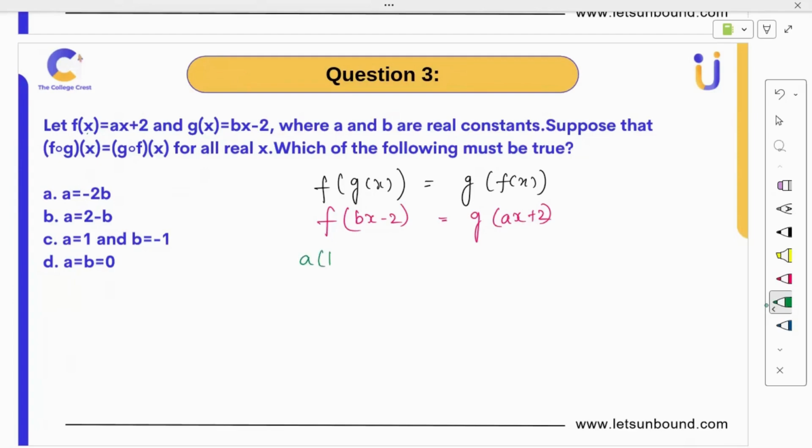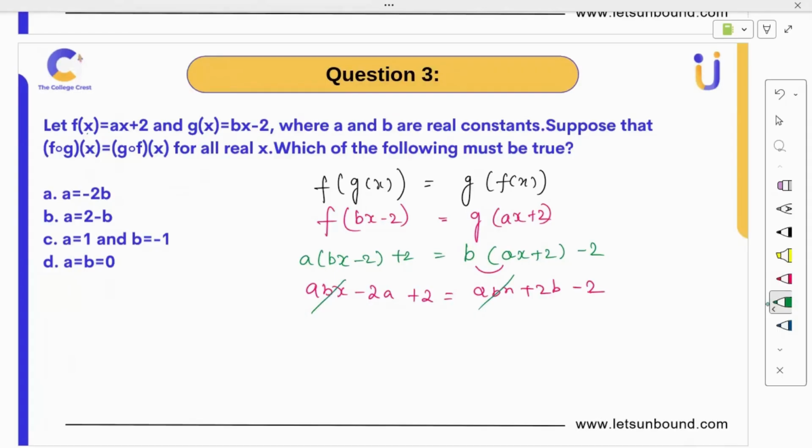So a times bx minus 2, plus 2. And g of ax plus 2 means in g, x will be replaced with ax plus 2. And simplify, make a relation. So abx minus 2a plus 2 equals, again if you take this, abx plus 2a minus 2b minus 2.